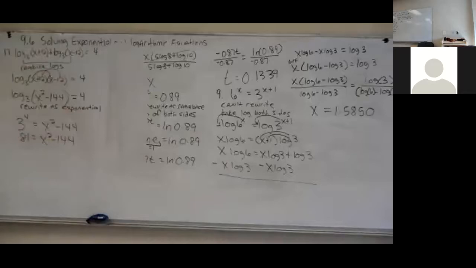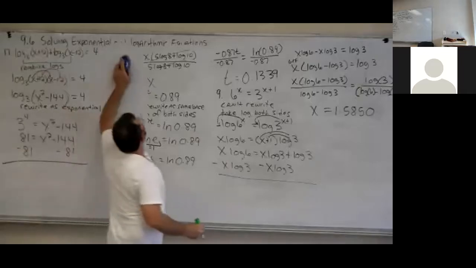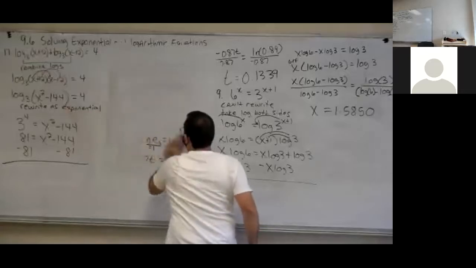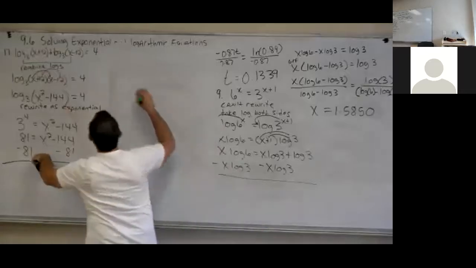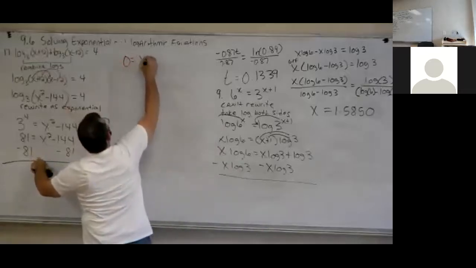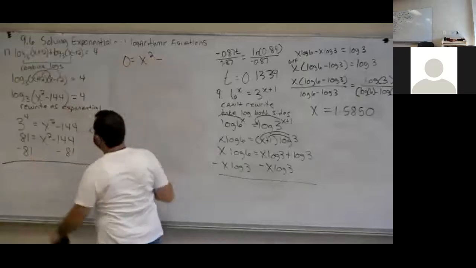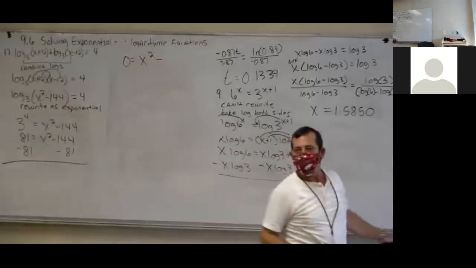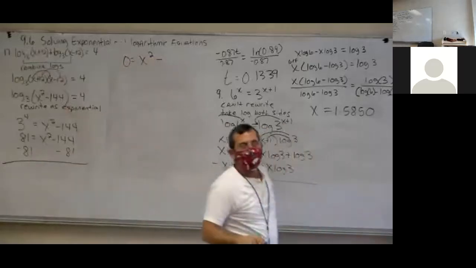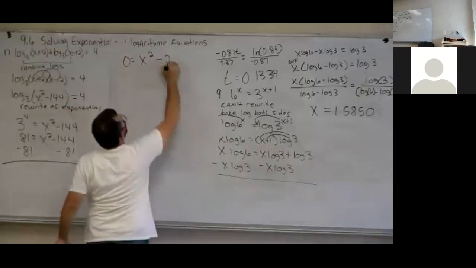So I just want to shoot that 81 to the other side by subtracting. If I get a 0 over here, x squared minus 144 minus 81 gives me what, 225, I think.